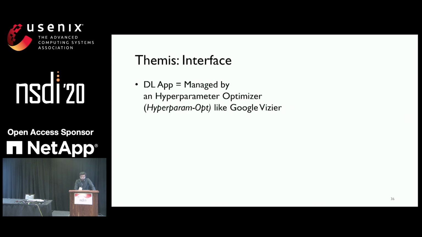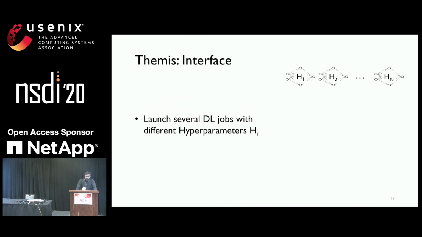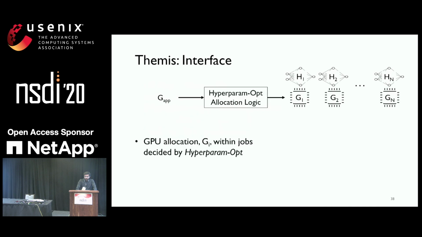To answer this question, let's look at a typical deep learning app. An app is typically managed by a hyperparameter optimizer like Google Vizier or Hyperband or Hyperdrive. This hyperparameter optimizer launches several deep learning jobs with different hyperparameters. The hyperparameter optimizer's allocation logic decides the split of the app's overall GPU allocation across the individual training jobs in the app.